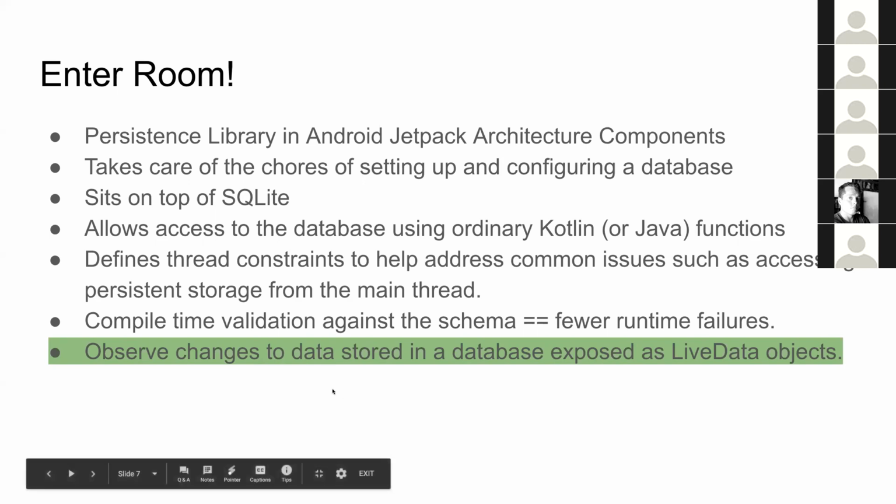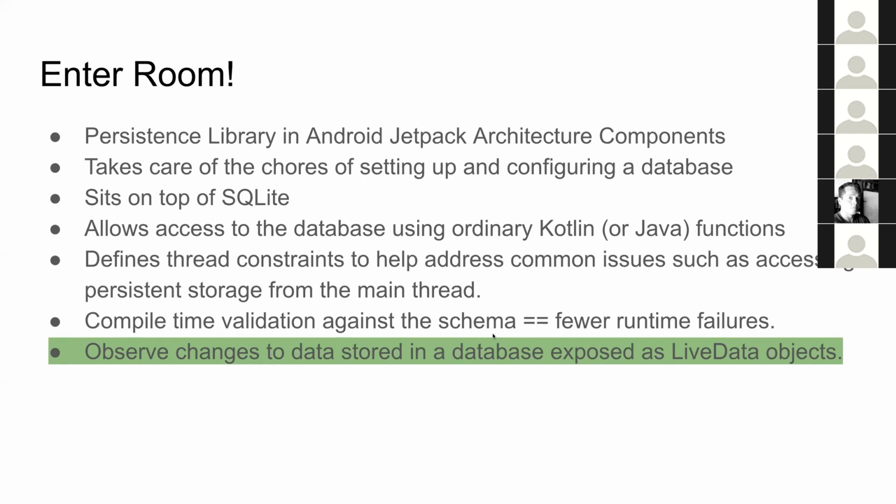And probably the biggest thing, I'm not going to read all these points, but two biggest things: you have compile time validation against the schema, so you shouldn't have any runtime failures. It shouldn't even build if you have typos in your SQL statements, or if you change your schema, you should get errors throughout your code wherever this particular field is used.